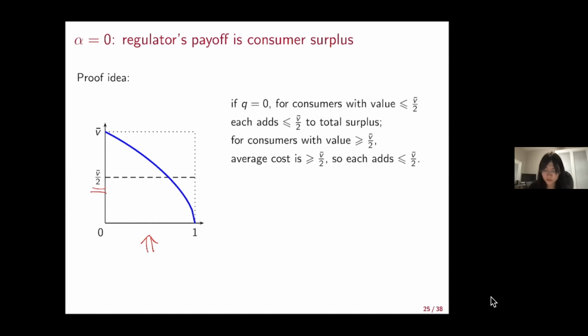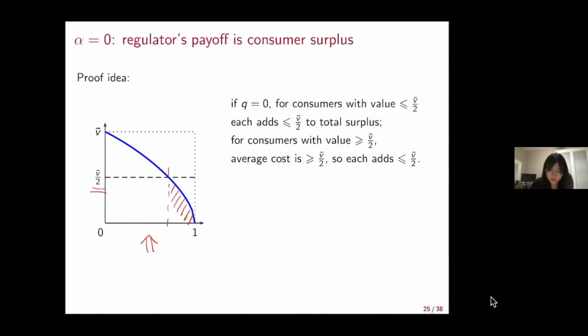Okay, now let's first look at these consumers. So these consumers, they value the product below half V bar. So each one of them contributes at most half V bar to the total surplus. Okay, so now they don't add more than half V bar to total surplus, so the regulator does not lose more than half V bar per person.